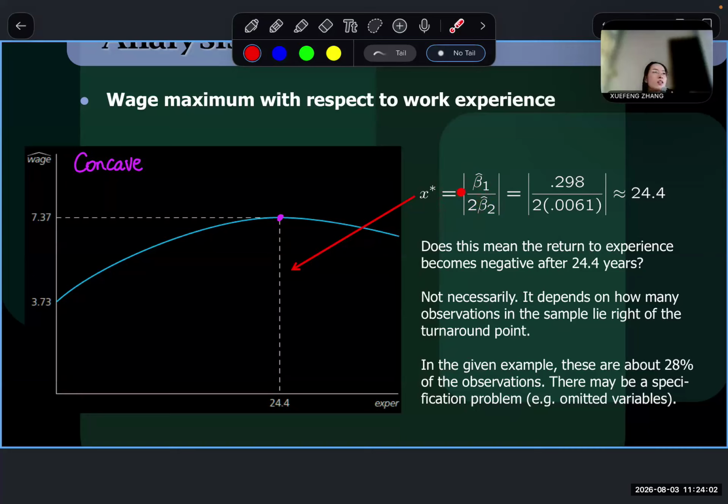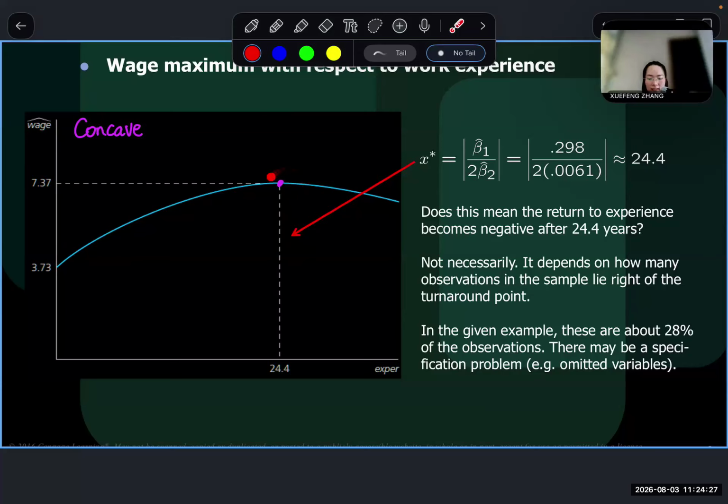It's like the first order condition you learned from microeconomics. You already have the coefficients, so you copy them from the output here and plug the numbers in. So the peak point is approximately 24.4 years. The model says wage peaks around 24.4 years of experience, then starts going down.